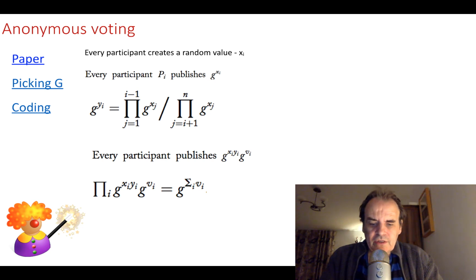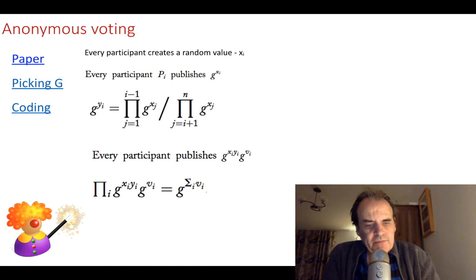So I'll just summarise a little bit on that basic principle: when we have g to the x1, g to the x2, that becomes g to the x1 plus x2. And that's really what's going on here.